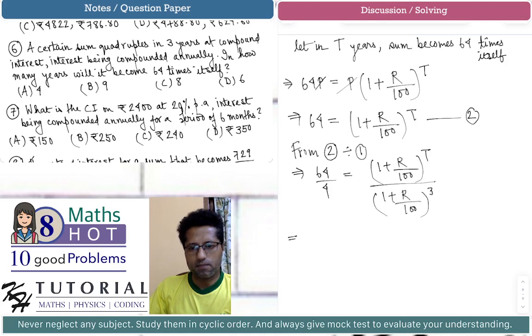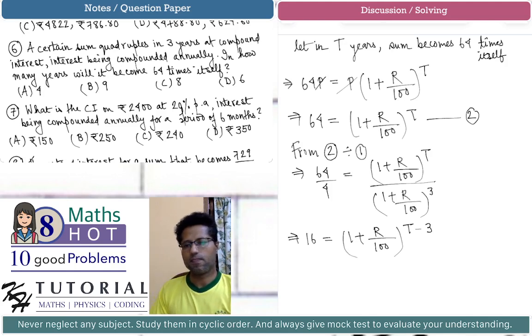So this implies 16 is equal to, using the laws of exponents, (1 + r/100) to the power t minus 3.